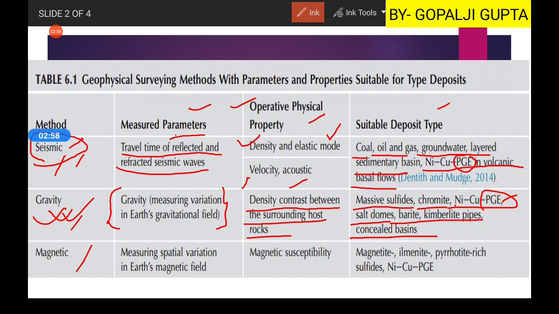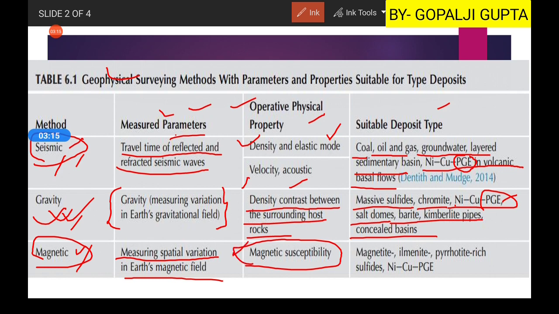If we talk about the magnetic survey, the third geophysical surveying method, the magnetic property of the Earth is used as a parameter, and the rock property which we get is the magnetic susceptibility. Either the rock will be more susceptible or it can be less susceptible.